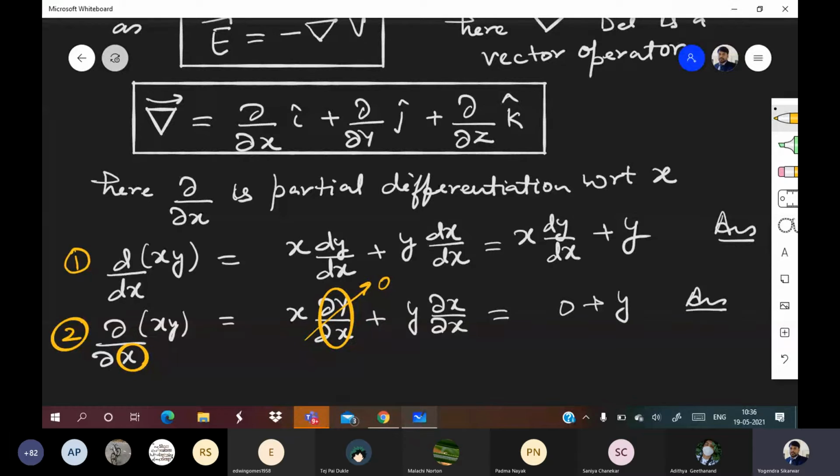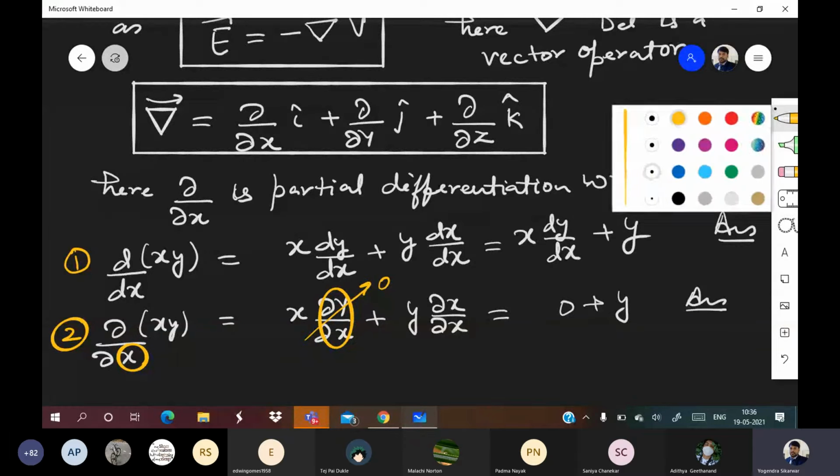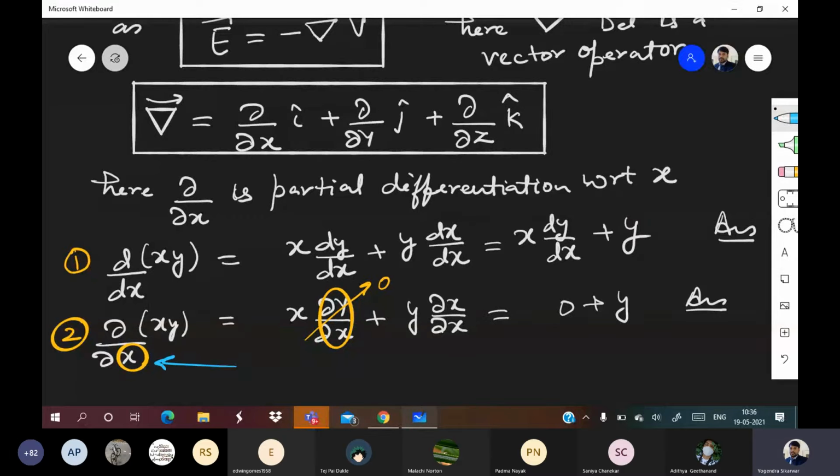And which person will be beaten? Only the one which is present in the denominator. So in this example, x is the variable, that's why only x is being differentiated and y is treated as constant.